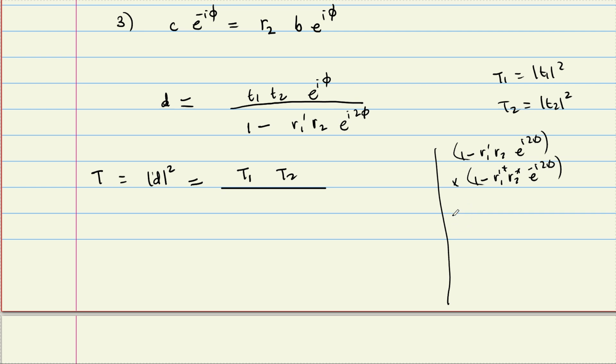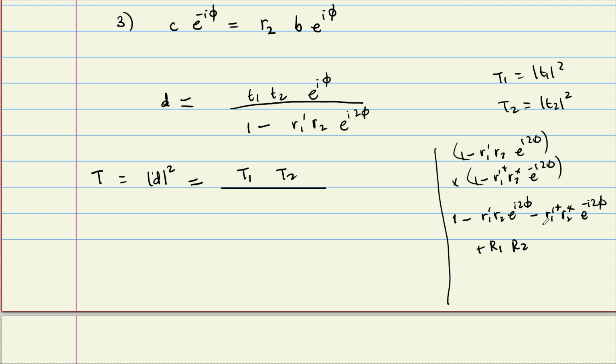And this one is going to be 1 minus R1 prime R2 e to the i 2 phi minus R1 prime star R2 star e to the minus i 2 phi, and the cross terms are going to be R1 times R2.